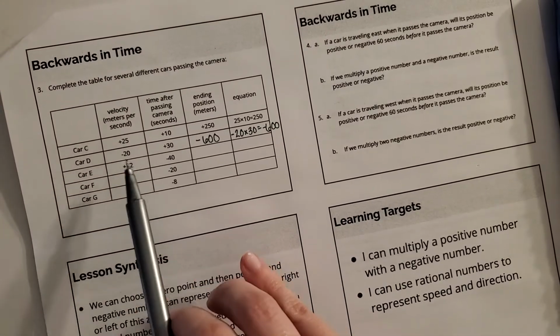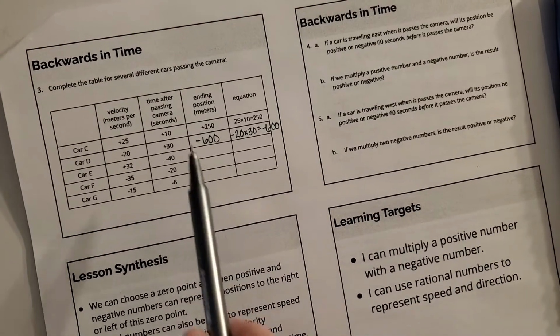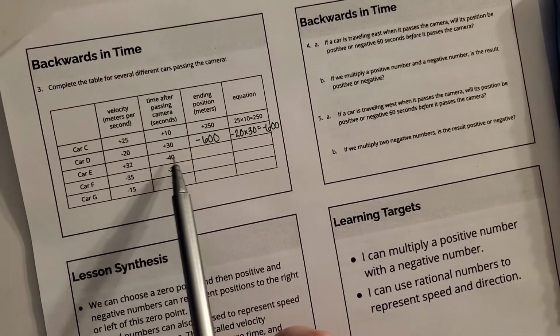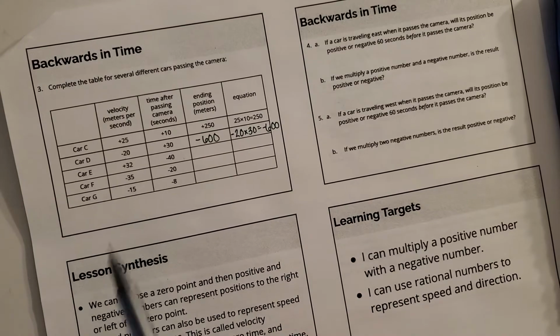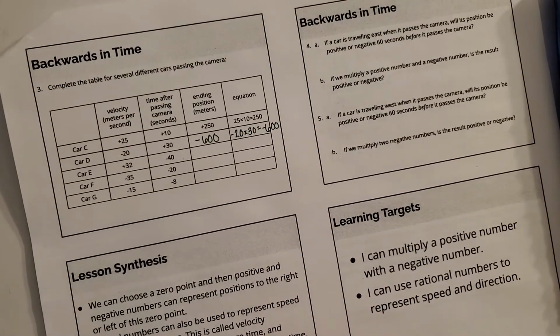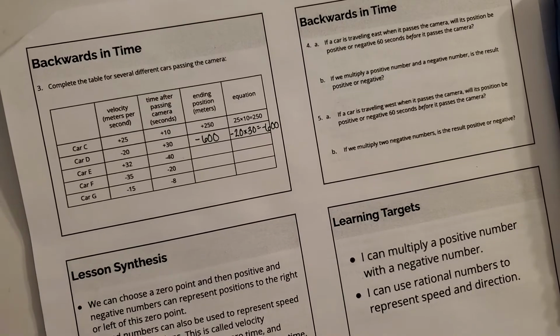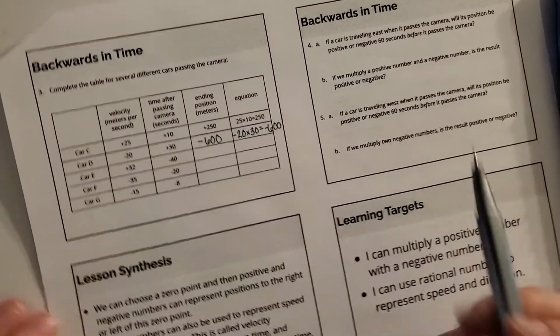So our velocity is a positive 32, which means they're moving towards the east. And the time after passing the camera in seconds is negative 40. Well, if we have a negative number for the time passing the camera, that means they haven't even passed the camera yet. So this is actually the time before they pass the camera.